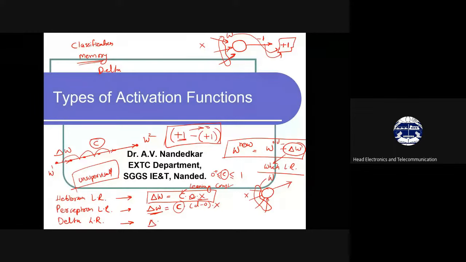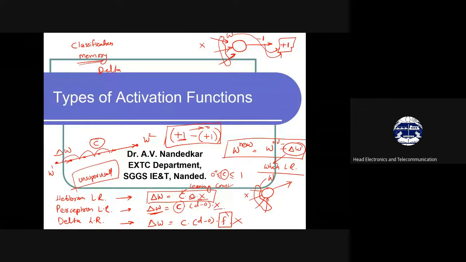So this change in weight is C into (D minus O) into F dash of net into X. So this extra term is appearing here. There is a small change if you compare perceptron and delta. What is that small change? The small change is just F dash.